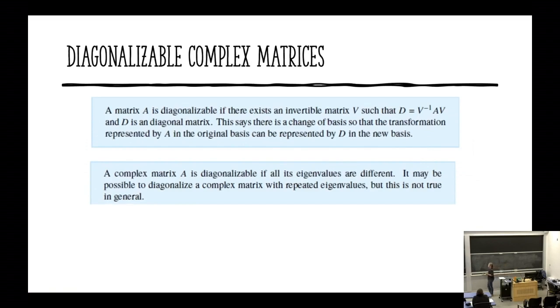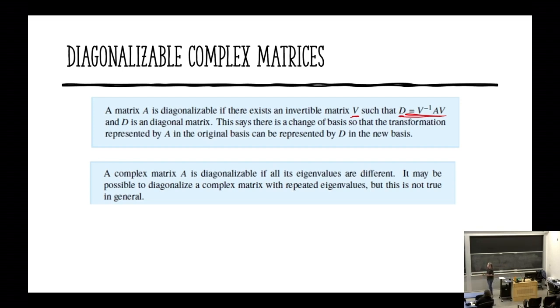All right, let's come back to diagonalizable matrices. So a matrix is diagonalizable if there exists an invertible matrix, we're calling it V here, such that the diagonal matrix D is equal to the inverse of V times A times V. So what this fun equation says is that there's a change of basis so that the transformation represented by A in the original basis can be represented by D in the new basis.